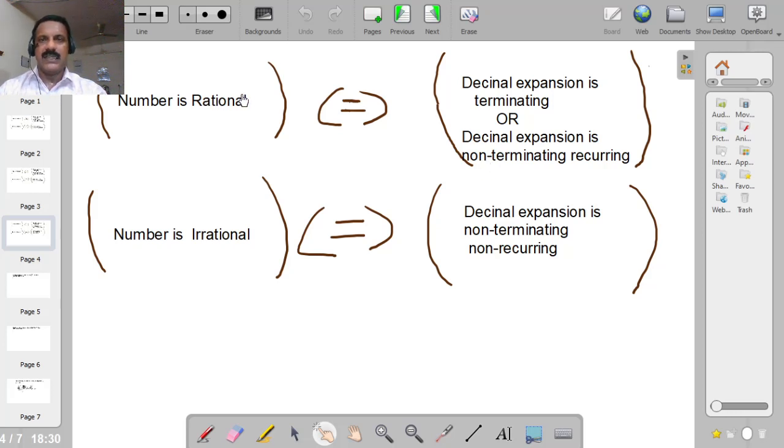So a number is rational implies the decimal expansion terminates, or the decimal expansion is non-terminating and recurring. One of these conditions will be satisfied.